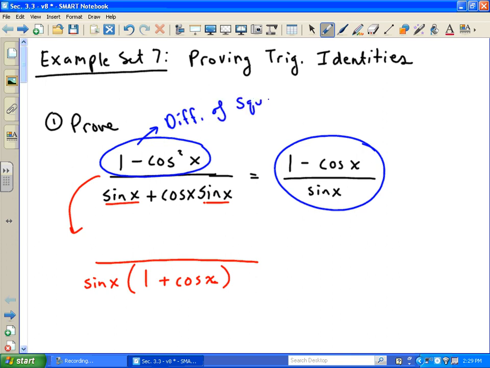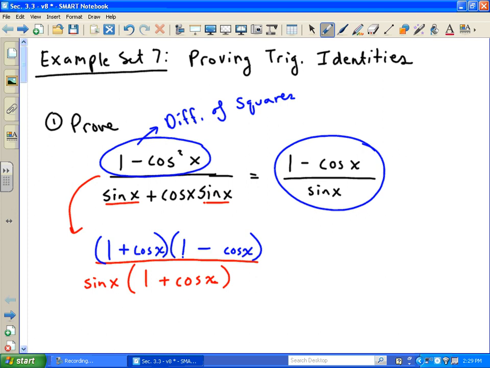And what I mean by that is that it can be factored. In other words, what squares to give me 1? 1 does. What squares to give me cosine squared? Cosine x does. And then we know in a difference of squares, we put a plus sign and a minus sign.